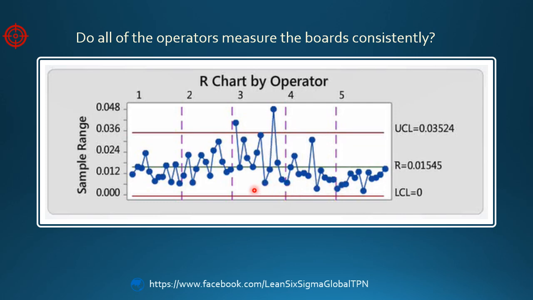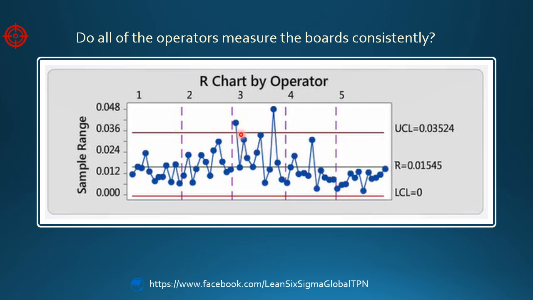Operator 3 has two range values that are outside the control limits, and all of operator 5's range values are smaller than the other operators' range values. So the measurements taken by operator 5 have smaller ranges than those taken by the other operators.